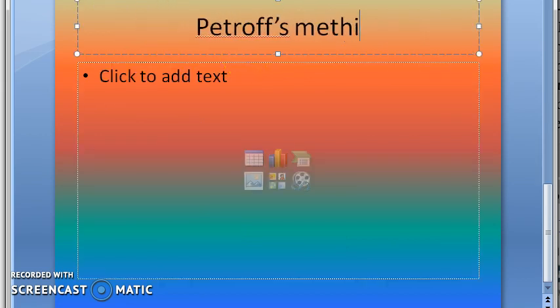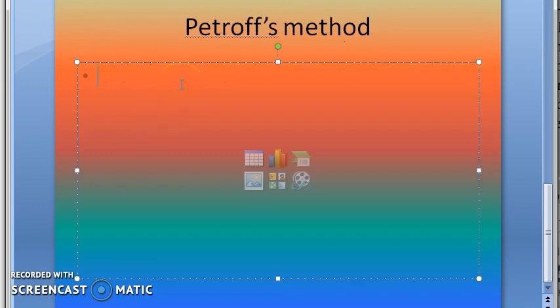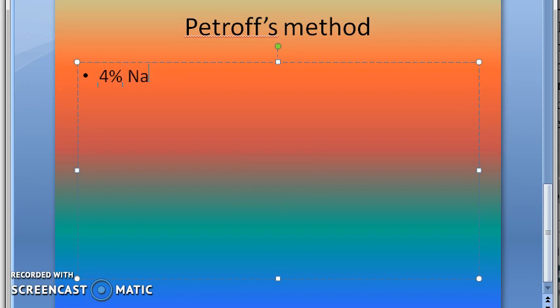Petroff's method of this digestion, decontamination and concentration is also called the 4% NaOH method. Here, sputum is thoroughly mixed with equal volumes of 4% sodium hydroxide, then you centrifuge it.